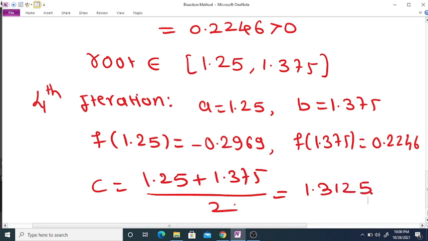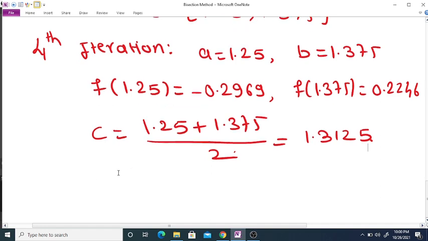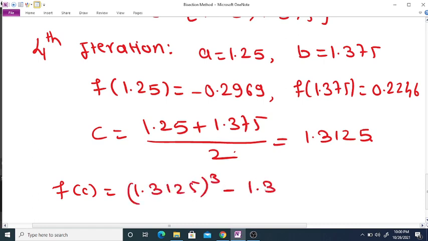It is equal to 1.3125. Next we want to determine the sign of f of c. So f of c is equal to 1.3125 raised to 3 minus 1.3125 minus 1, because f of x is equal to x cube minus x minus 1. So f of c is equal to minus 0.0515, which is less than 0.